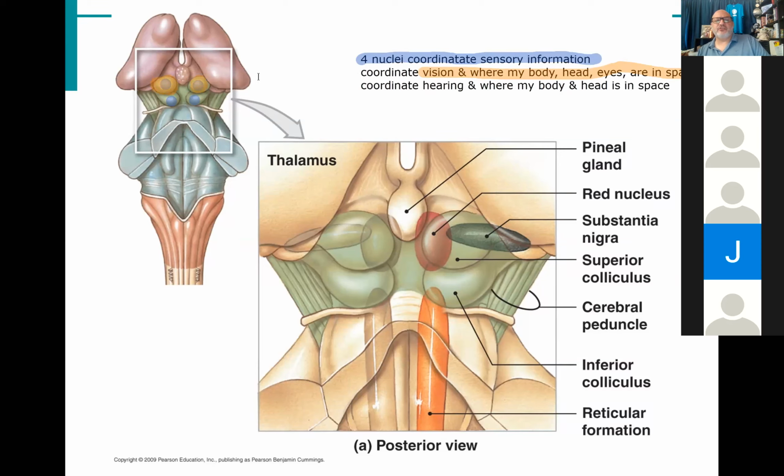And those top two nuclei are known as the superior colliculi. Colliculus is the singular, but you have two of them, so they are the superior colliculi.